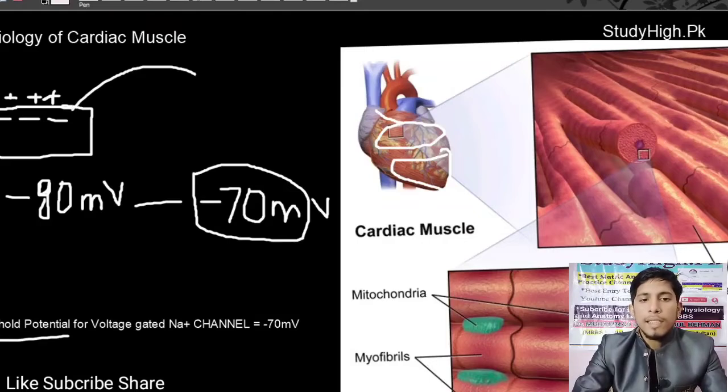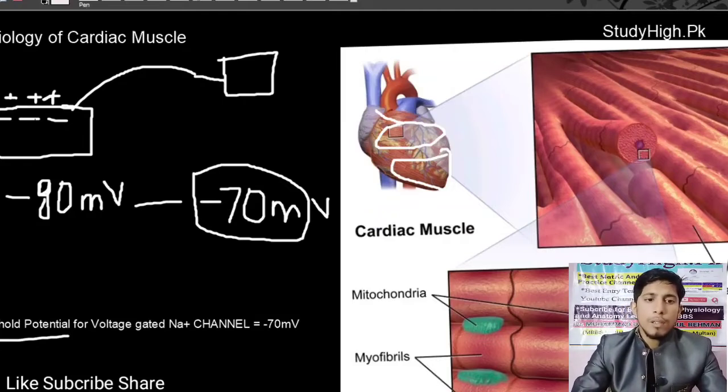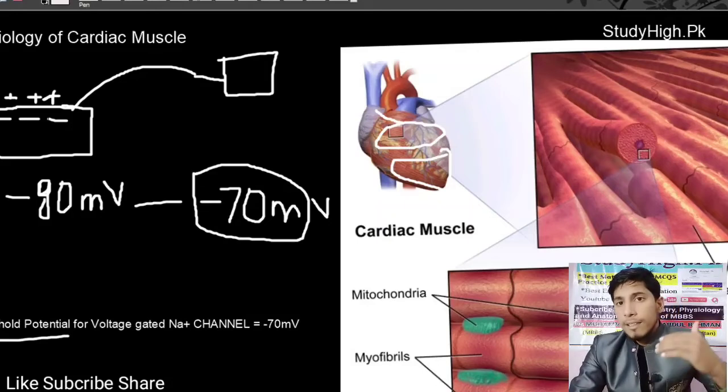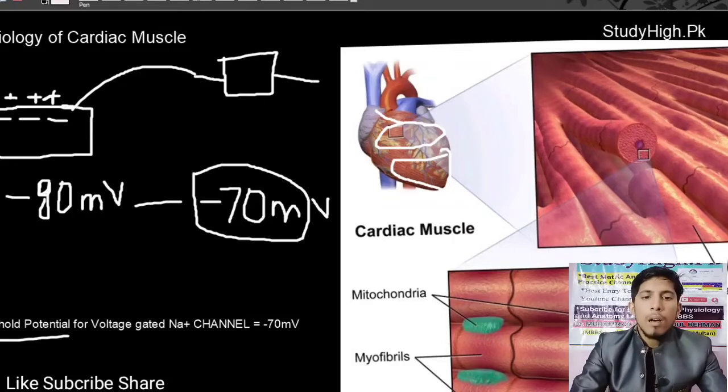Like this is a voltage gated sodium channel that is present in the cell membrane. When the inside of this cell, due to arrival of action potential, becomes less negative and reaches minus 70 millivolt, this sodium channel opens, and a large amount of sodium that is present outside, in the extracellular matrix of this cell, starts moving towards the inside.